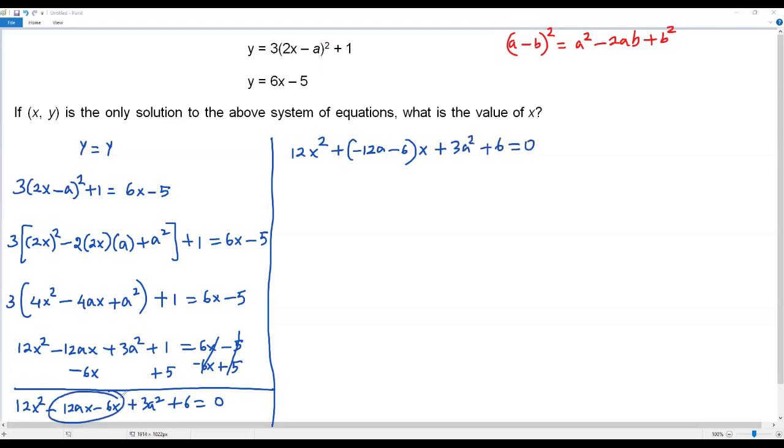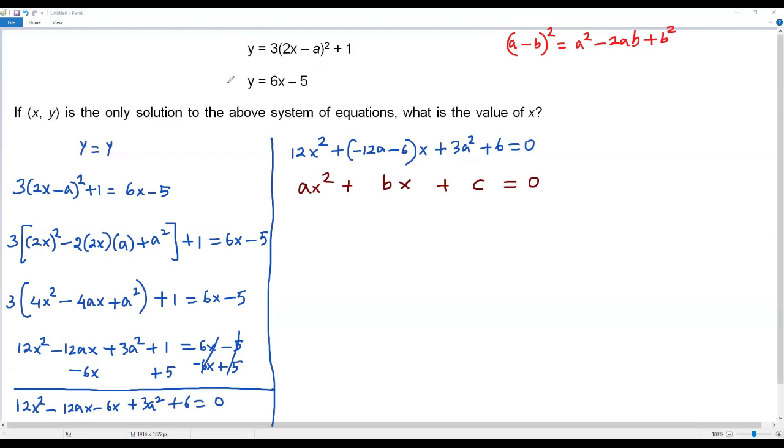I factored x out from these two terms in order to get this quadratic equation in the exact form ax² + bx + c = 0. Now instead of a we have 12, the coefficient of x, b, is −12a − 6, and c is 3a² + 6.